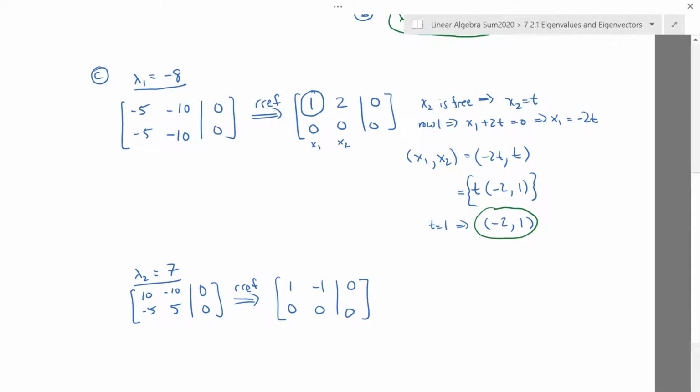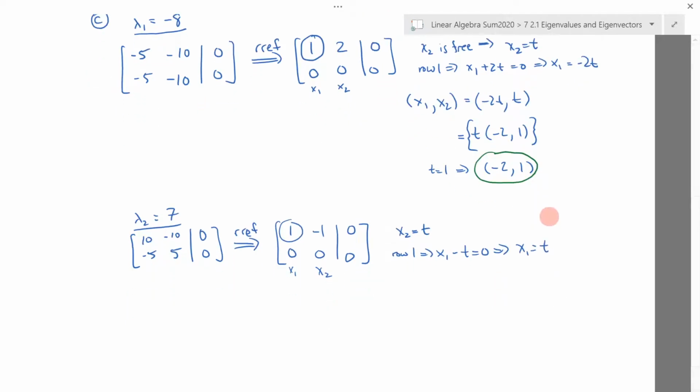Okay, so leading entry is here. It's x1, x2. x2 is free. So x2, say, is equal to t. And then row 1 says that x1 minus t is equal to 0. So that means x1 is equal to t. So what is (x1, x2)? It's just (t, t).